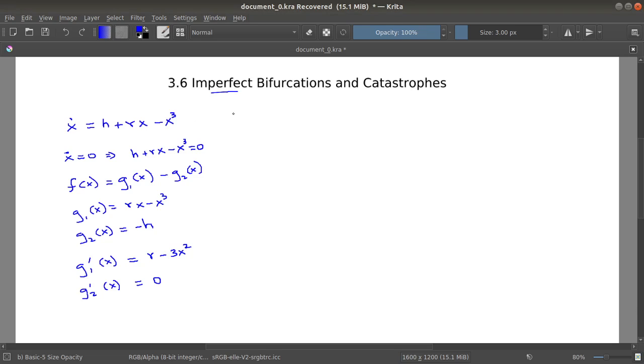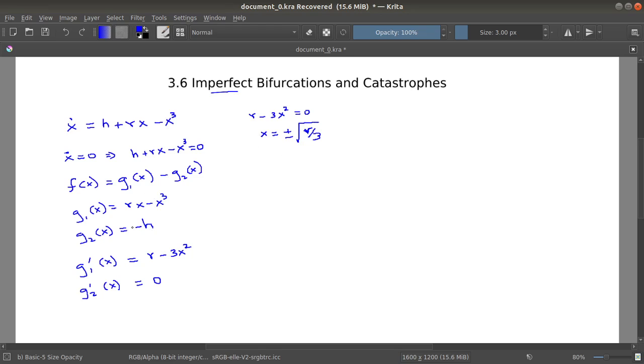So in that case, r minus 3x square goes to 0, and it will go to 0 when my x value is plus or minus square root of r by 3. Okay, r by 3. So that's the point.